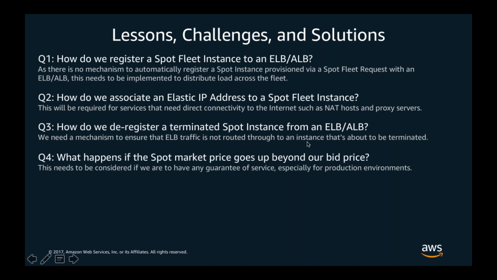The next one was what happens if the Spot market price goes up beyond our bid price. This has to be considered if we are to have any guarantee of service, especially for our production environments. Handling the outage or running on-demand instances in parallel are the quick answers.